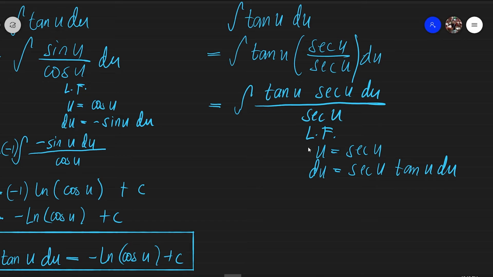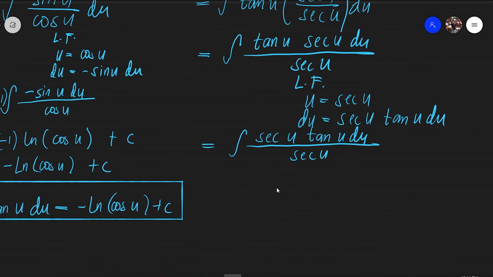So if you apply the left side of the logarithmic function formula, we will get the integral of du over u, right? Your du is secant u tangent u du, so you will write here secant u tangent u du all over your u, which is secant u. So we got the same exact function as on the previous line: secant u tangent u du over secant u.